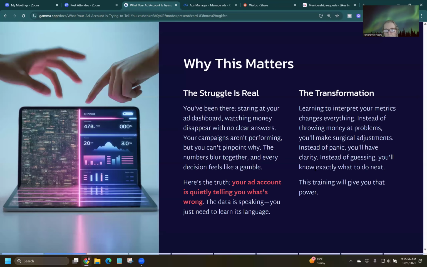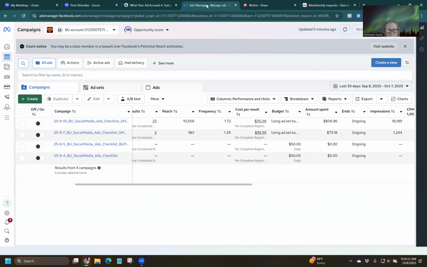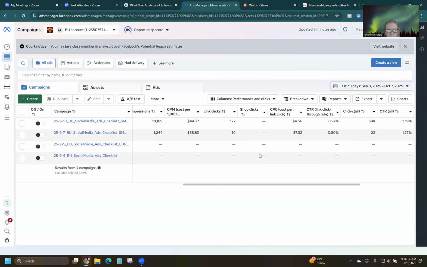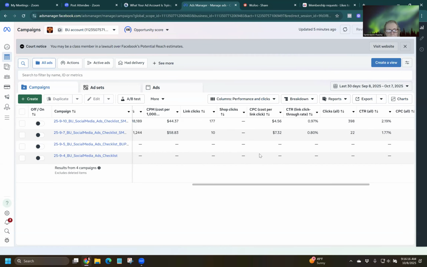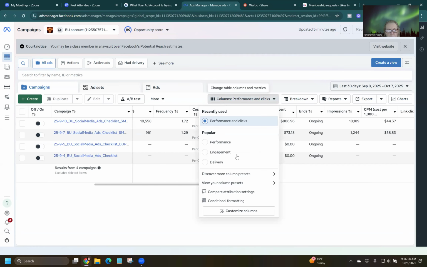This is so funny how this slide thing works a little differently. So, especially when you're new, you log into the ads manager, right? And you look at this thing, move this out of the way. You look at this thing and you're like, what does this mean? What do all these columns mean?